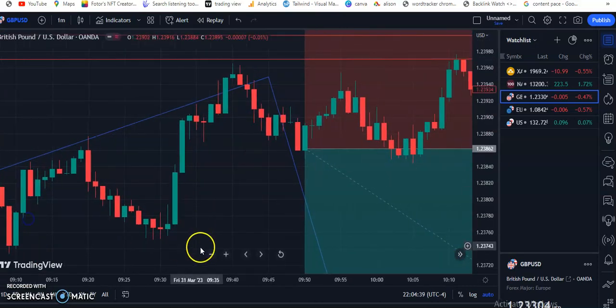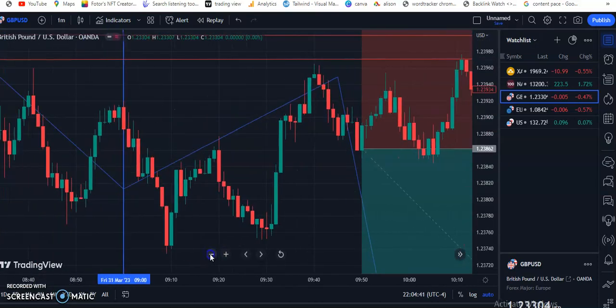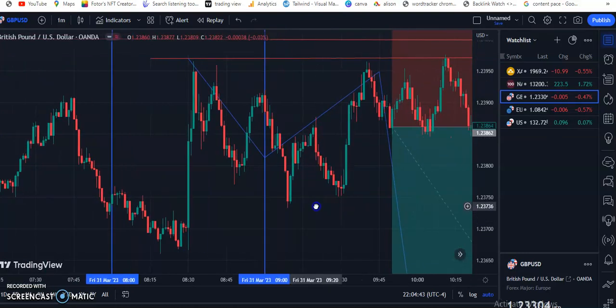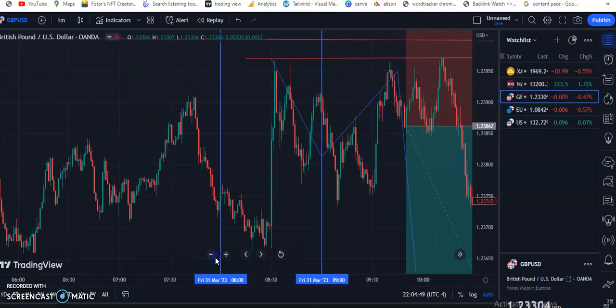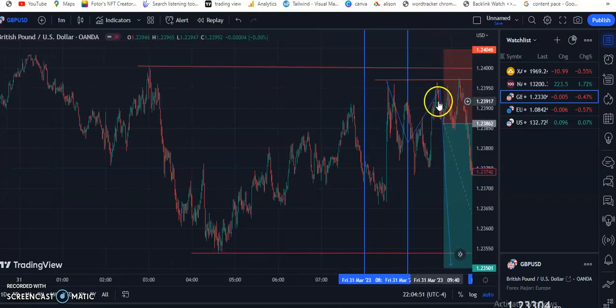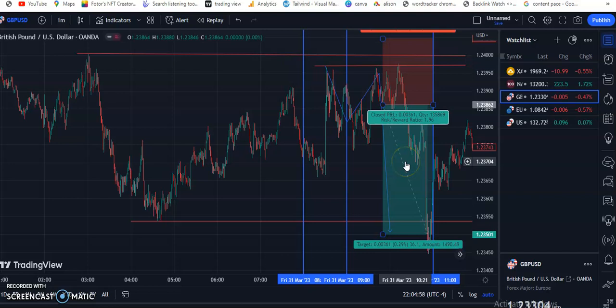I may have gotten in a little bit early, but this is currency, so the risk that I'm taking is actually less than 20 pips or 15 pips. It was just 18 pips for a risk-reward ratio of 1:2.